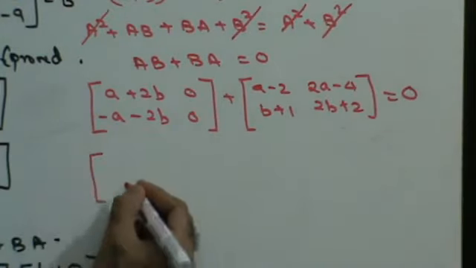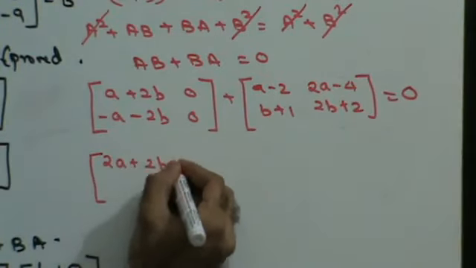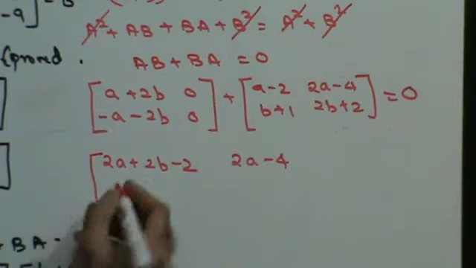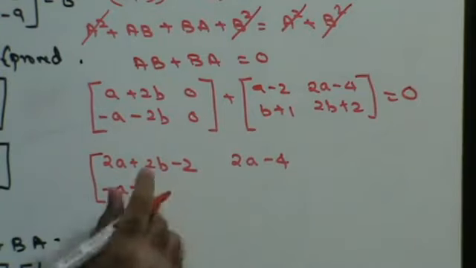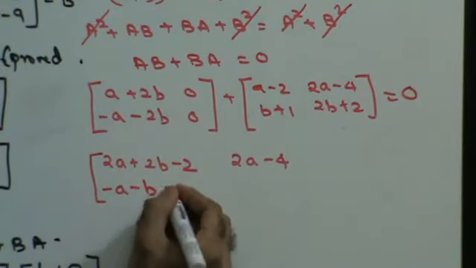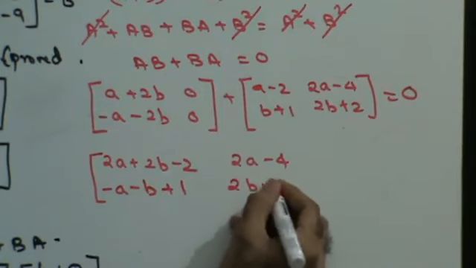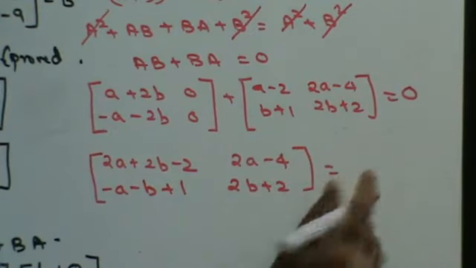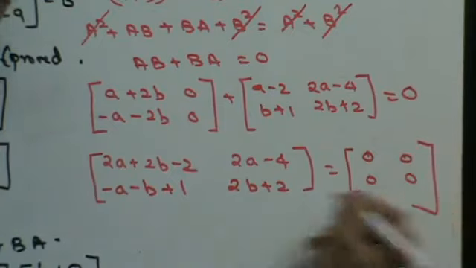If I add, this will be a plus a, 2a plus 2b minus 2, 2a minus 4, minus a minus 2b plus b is minus b plus 1, and this is 2b plus 2, which is 0. 0 can be written as 0, 0, 0, 0.